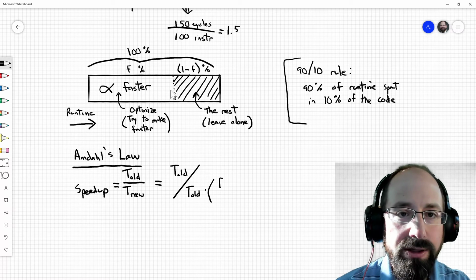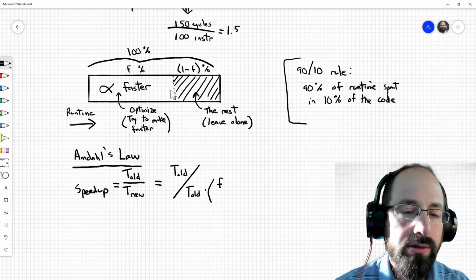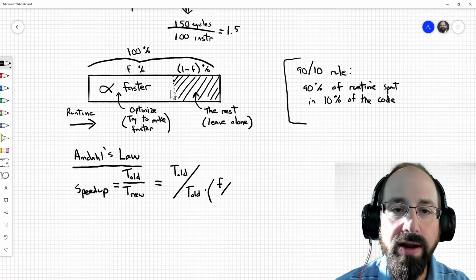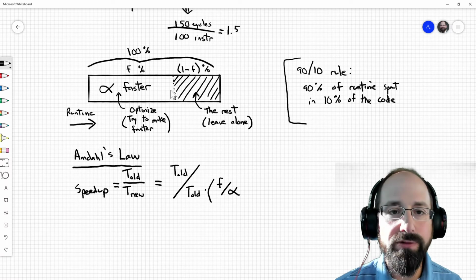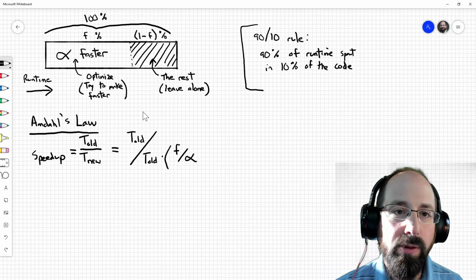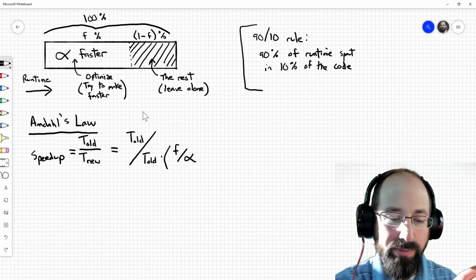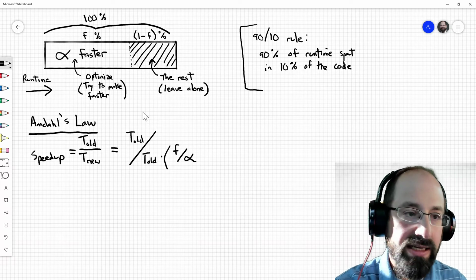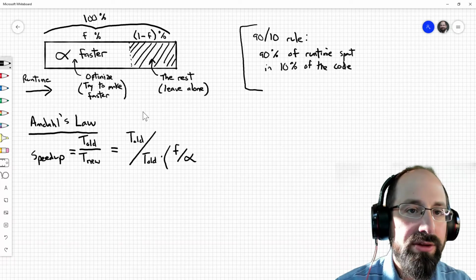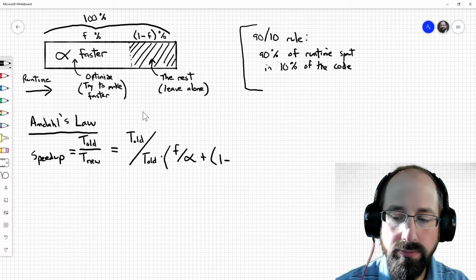That F that we're interested in, and you can call that F speedup, I just referred to it as F here, divided by how much we made it faster, our alpha. That was 90% of the code, and we're making it 9 times faster. Well, then what was 90% of our runtime can now drop to an equivalent of 10%. But then there's still the rest, right? There's still the rest of the code that we're not making any faster. And that's our 1 minus F.